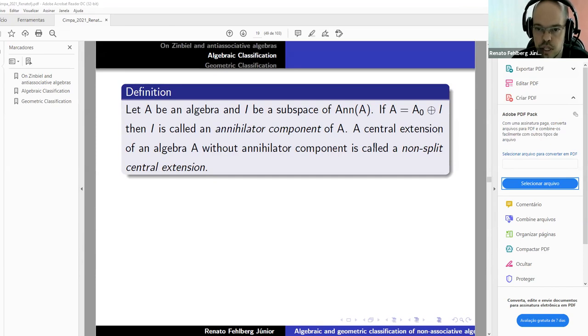And here we say that a central extension of an algebra A without annihilator component is called a non-split central extension. And in this work, we are looking for central extensions of Zinbiel algebras and antiassociative algebras that are non-split central extensions.